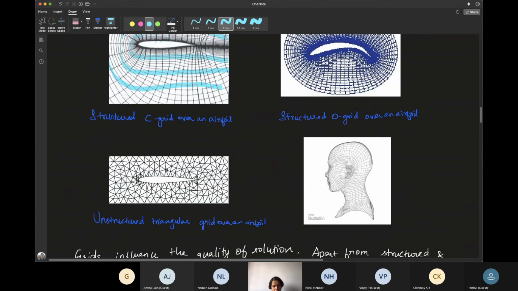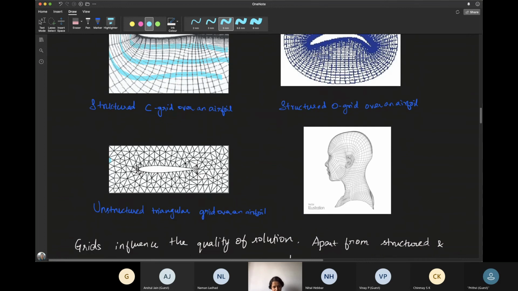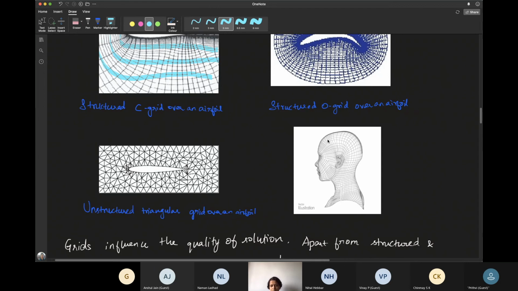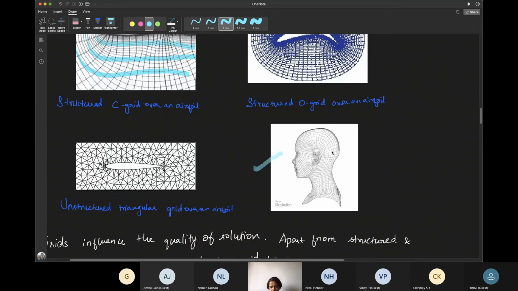Here, it's not so. There's no such pattern over here. You just form triangles randomly. But when you move closer to the airfoil, you make the triangles small, that is fine. And when you are far away from the airfoil, you make it coarser. And next, this as well is a grid.